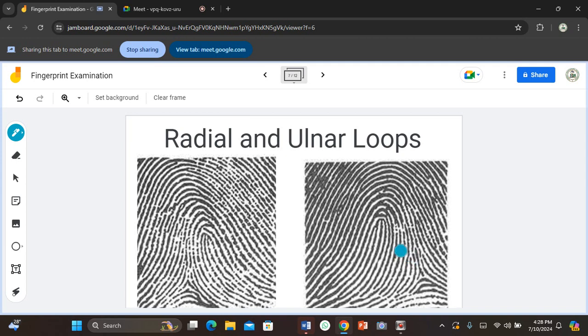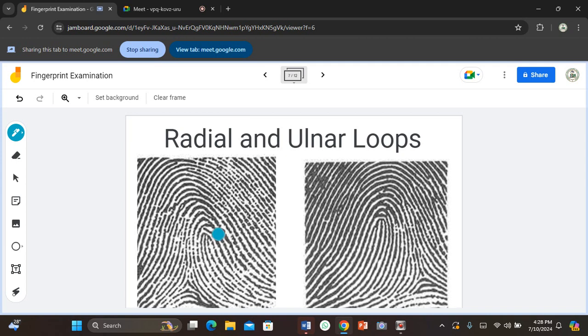And if you look at the screen, you can see we have radial and ulnar loop. The radial loop will be to one side, while the ulnar loop will be to the other side. On our forearm, we have two bones. One is the radius and the other one is the ulna.